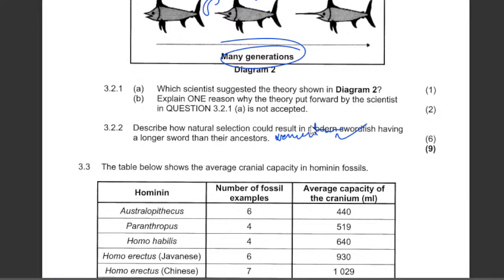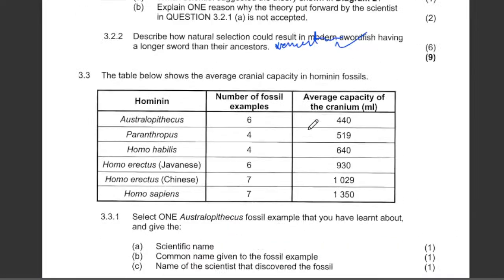Those with the long sword passed their genes. This is called natural selection. After many generations, all the swordfish had long swords. So that's what you're supposed to explain in that regard.